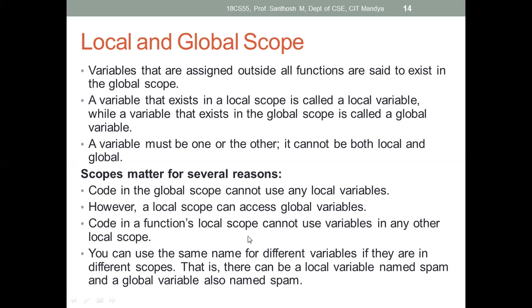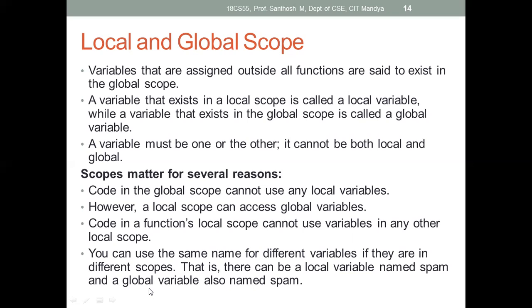Code in a function's local scope cannot use variables in any other local scope. Means a local variable in one function can't be accessed by another function. You can use the same name for different variables if they are in different scopes.